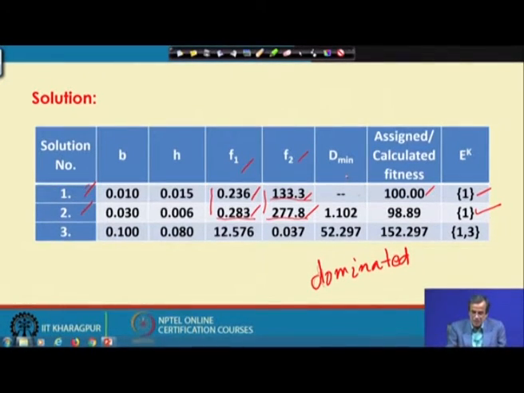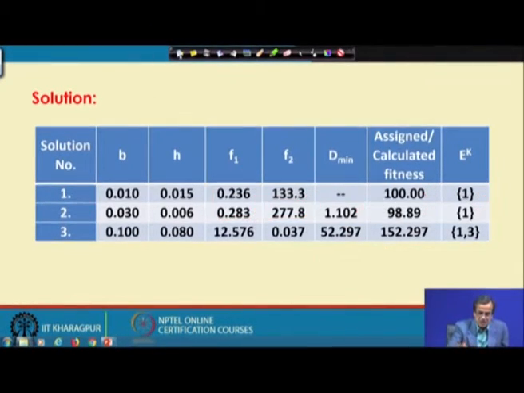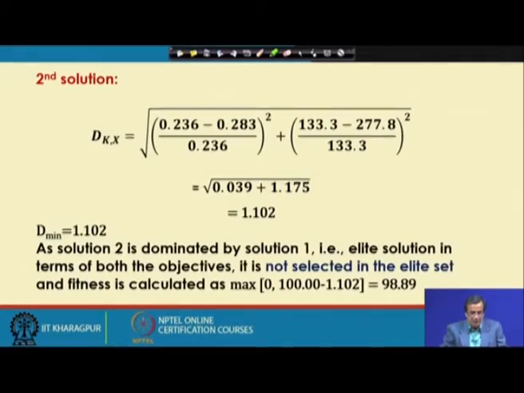Now, how to determine this D minimum and how to calculate the fitness, that I am going to discuss. Let us see how to find that. To find that, we take the help of the calculation of the Euclidean distance between k and x.